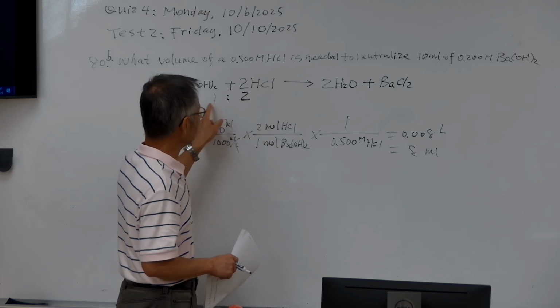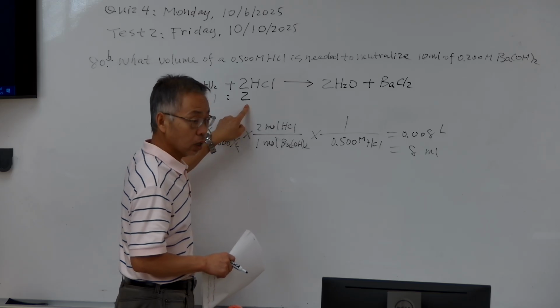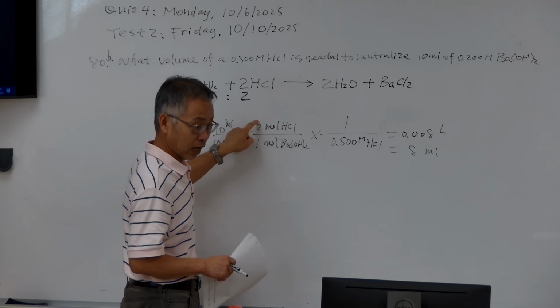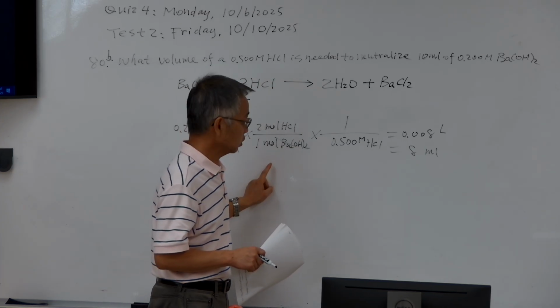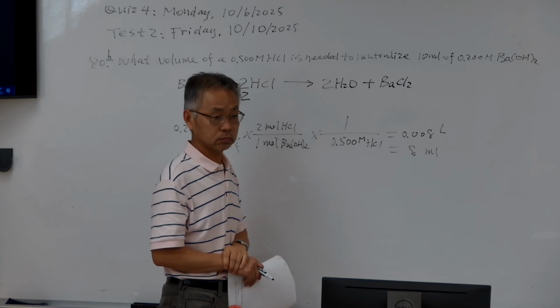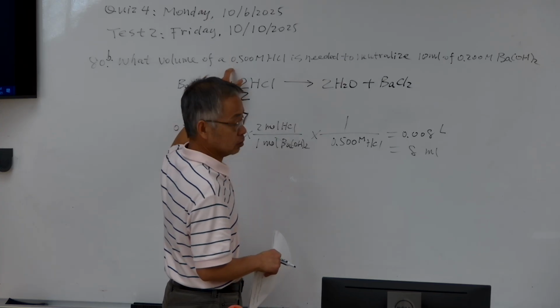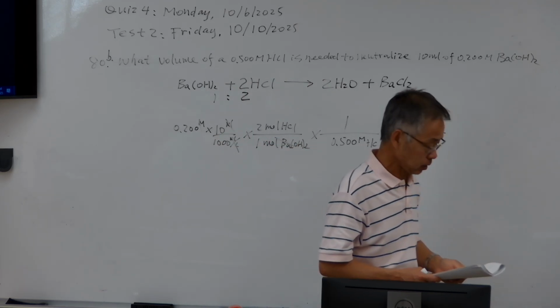Then use this balanced equation. Every 1 mole Ba(OH)2 needs 2 moles hydrochloric acid. That's why you times 2. Then becomes moles of HCl divided by molarity. You get a volume. This is our answer. What is the volume needed?